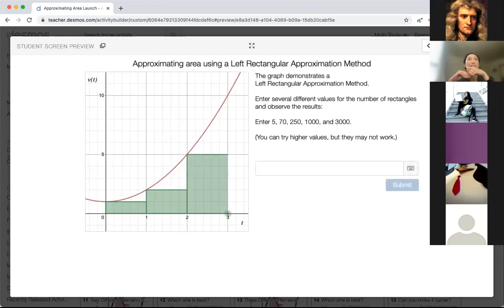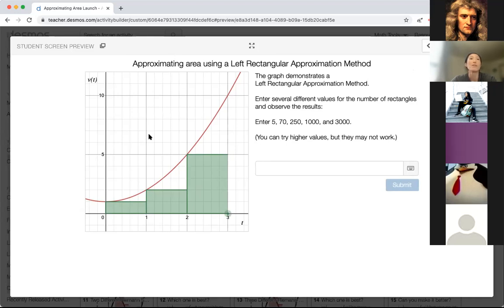So let's take a look at slide 6, titled Approximating Area Using a Left Approximation Method. What is a left approximation method? This graph shows us what LRAM might look like.